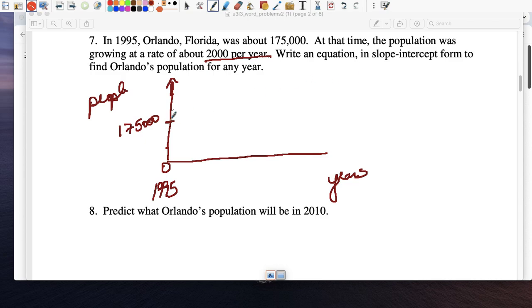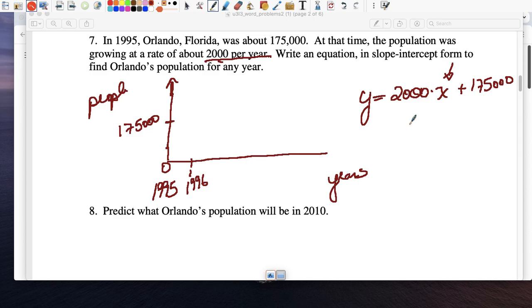So, given that, I have the rate of change, it's 2,000 per year, and this is my year, plus 175,000. Well, that makes sense because if this is 0, the year that I started recording, then 1996 is 1 year after.